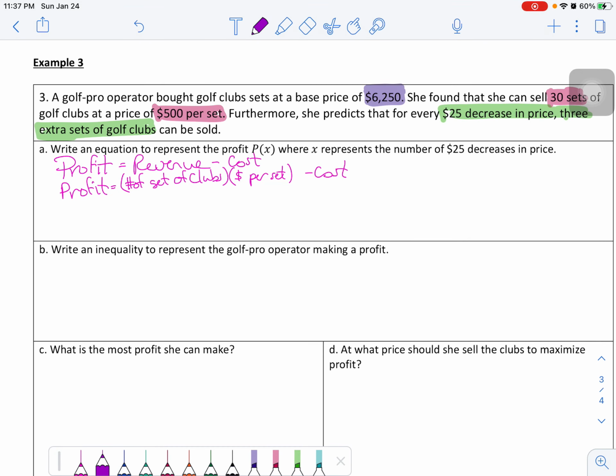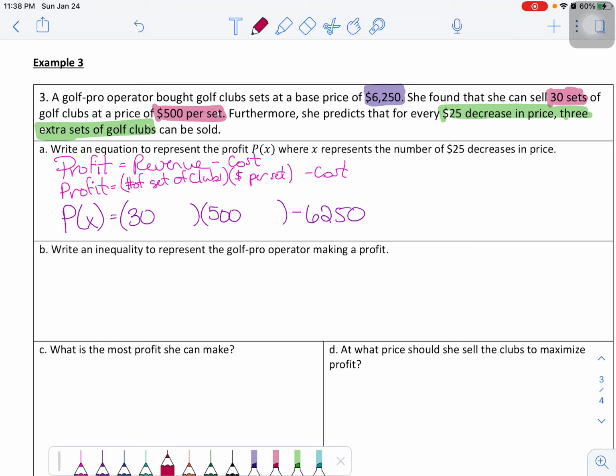So if we put this all together, let's go. Actually, I'm not going to zoom in because I want to be able to read the information from the word problem. All right, so profit is P of x. The number of sets of clubs. So she sold 30 sets originally at $500 per set, minus the cost of $6,250.